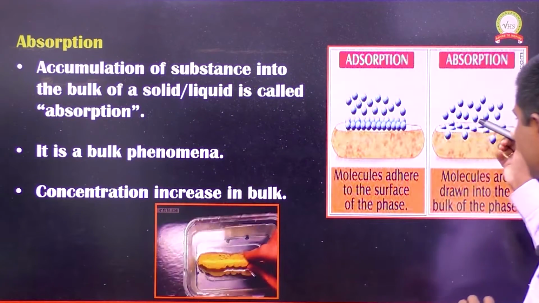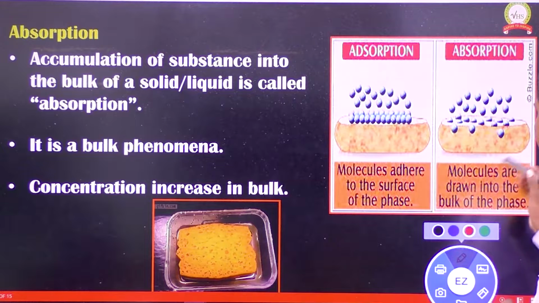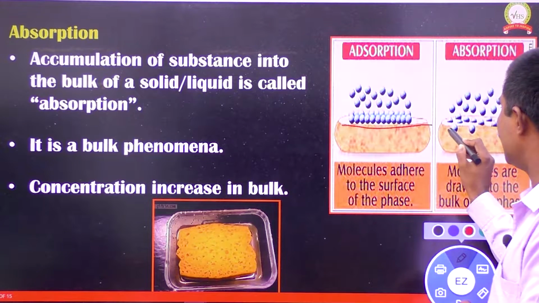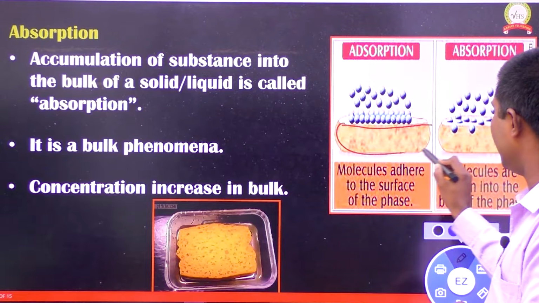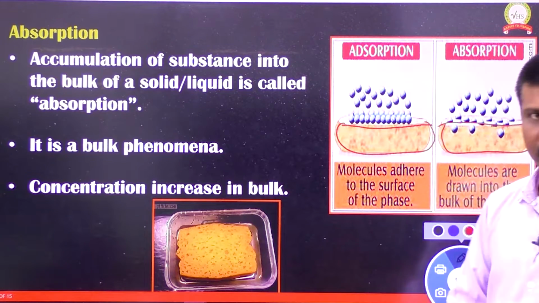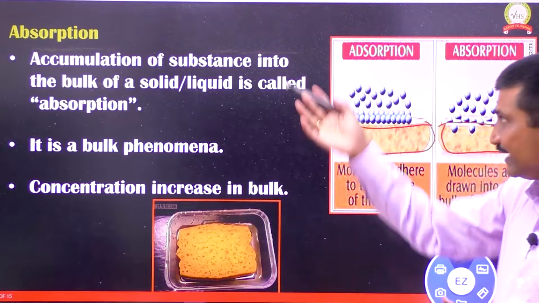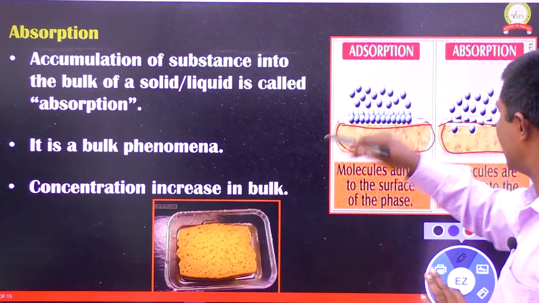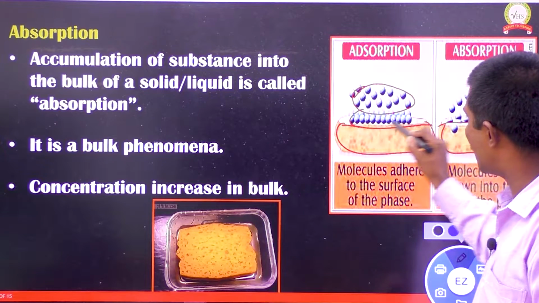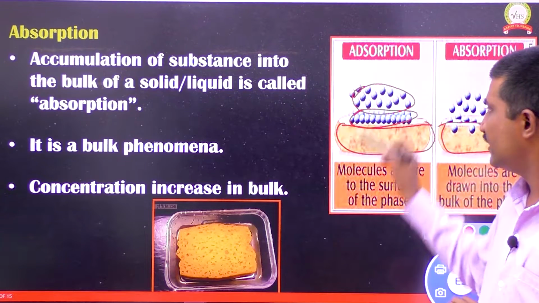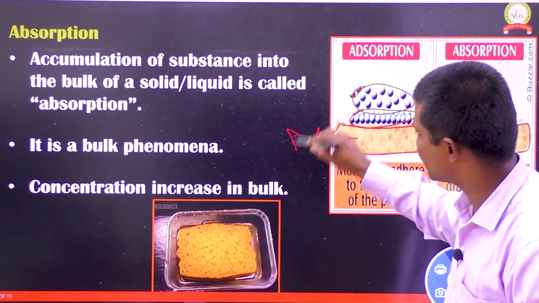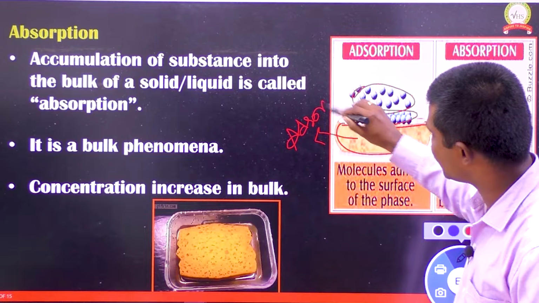Now let us see what absorption is and what the difference between adsorption and absorption is. Here we already discussed that this is the substance which is providing a surface. In the adsorption process, these are molecules which are coming and occupying on the surface, and we call that process adsorption.